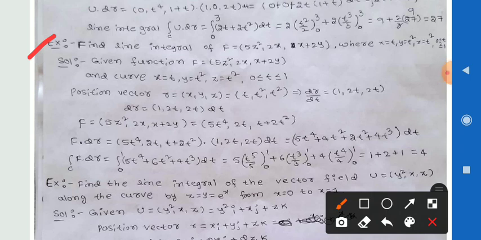Then we have the position vector r equal to (x, y, z).